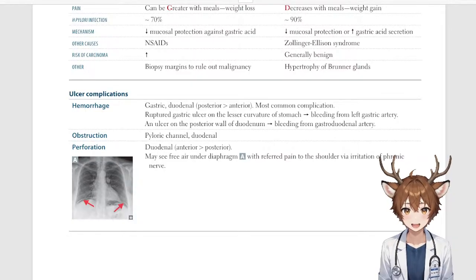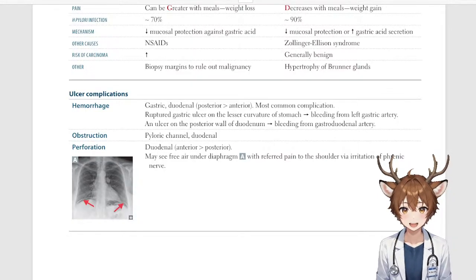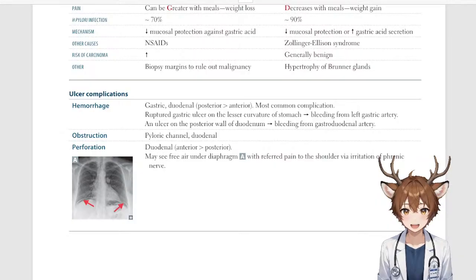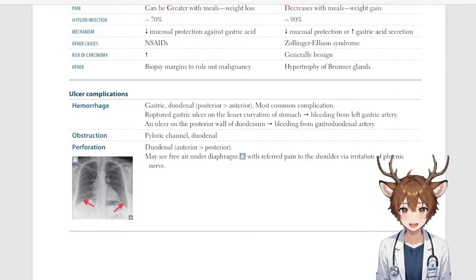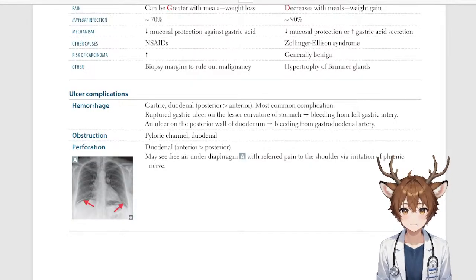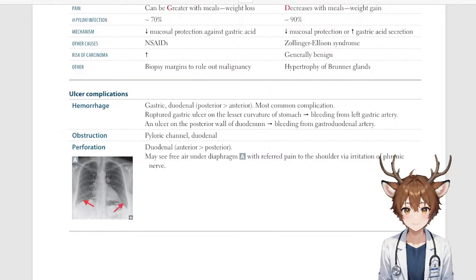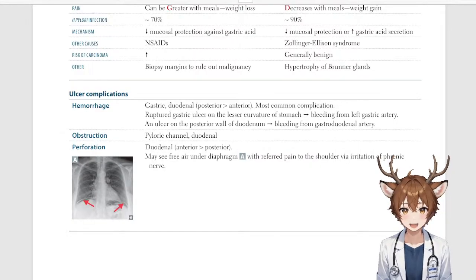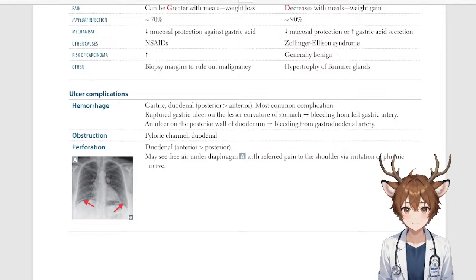I would just look at a diagram if I were you, just to see what the actual ligament is. But basically, if you're proximal to that, if you're above that, theoretically, we call that upper GI bleeding. So basically, most of the stomach or the esophagus is upper GI bleeding. If you're distal to that, then you're in the intestines and stuff. That's more like a lower GI bleeding.